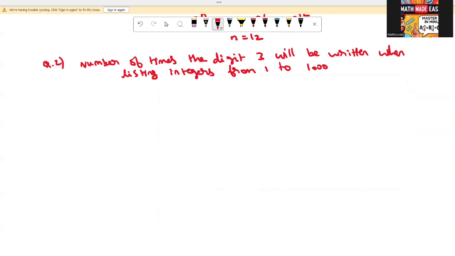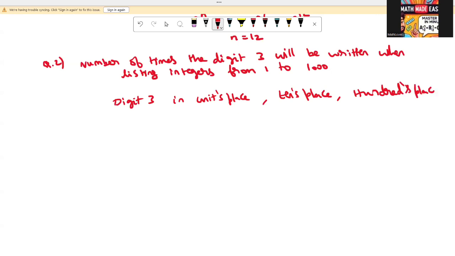So we can divide this problem into digit 3 being in units place, tens place, hundreds place. When we talk about hundreds place, the numbers from 300 to 399 will surely have the digit 3 in hundreds place, and there are 100 numbers in this list.